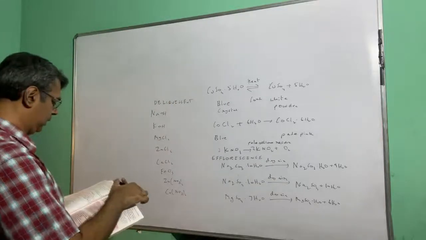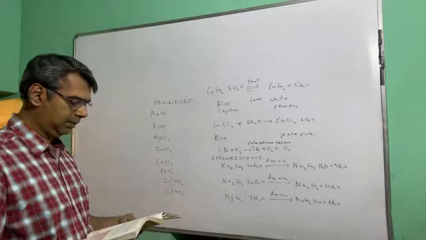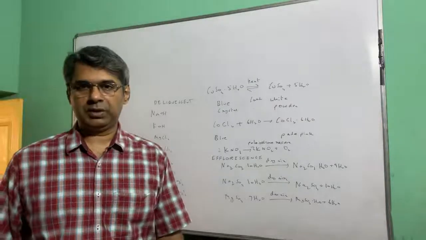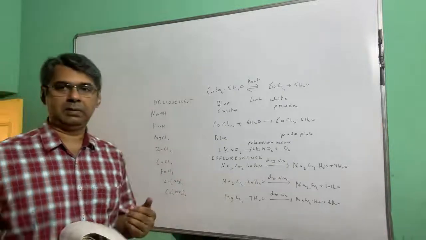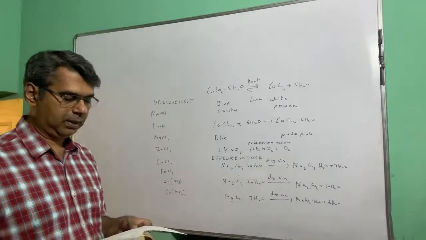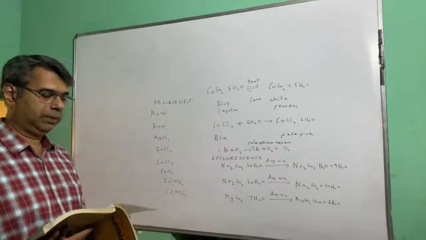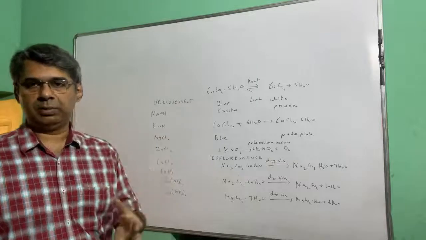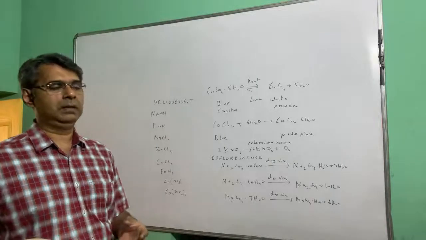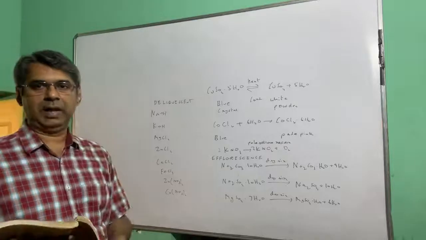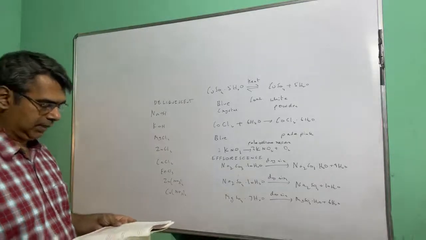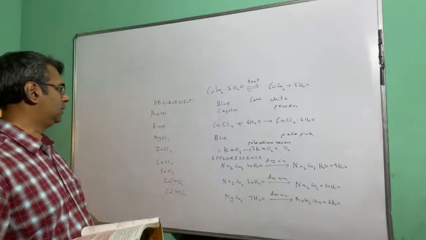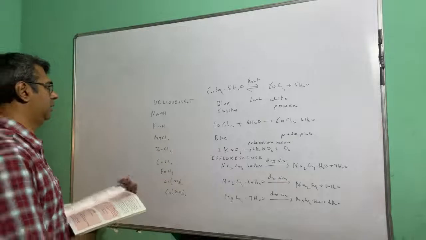Deliquescent means that if you expose them to atmospheric moisture, they will dissolve in the atmospheric moisture and form a saturated solution. That property is known as deliquescence. So all these substances are deliquescent substances.